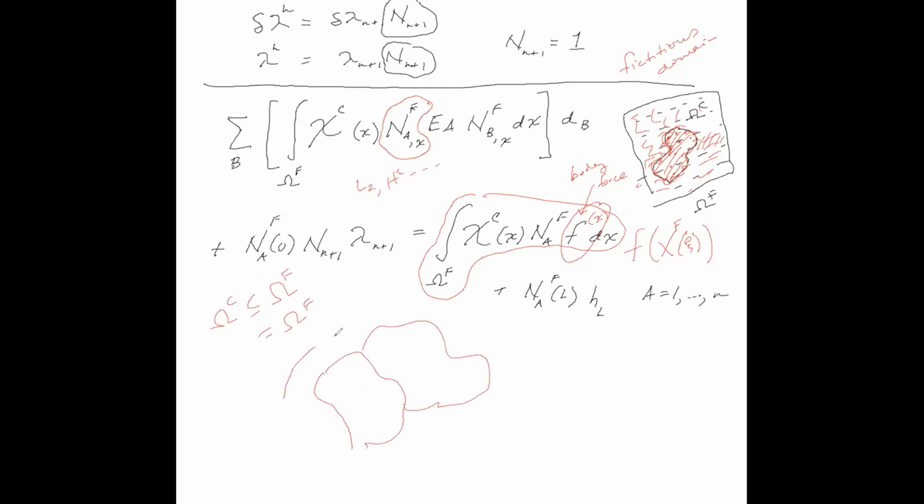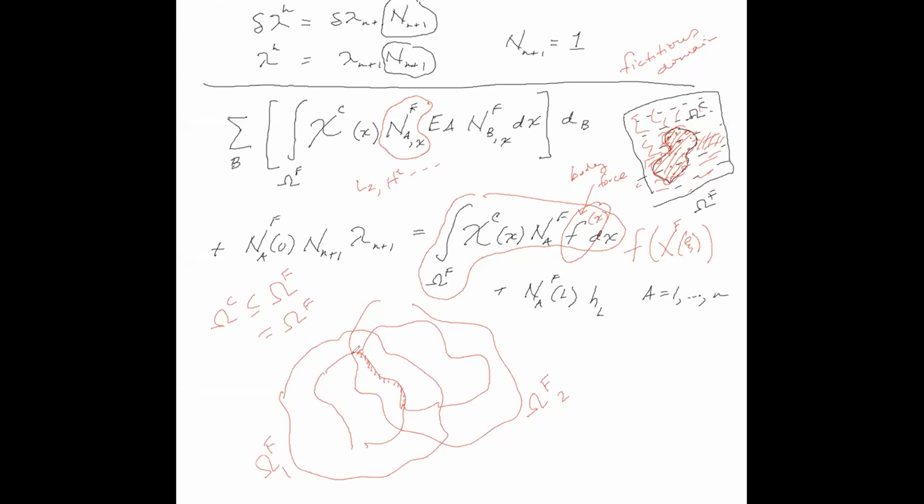They actually each are in their own omega F. So here's omega F1, here's omega F2, and then normally what we would do is discretize this with some kind of a Lagrange multiplier space along that boundary. That's one way to do it. That's the most generic or general way to handle those kinds of multi-body problems.